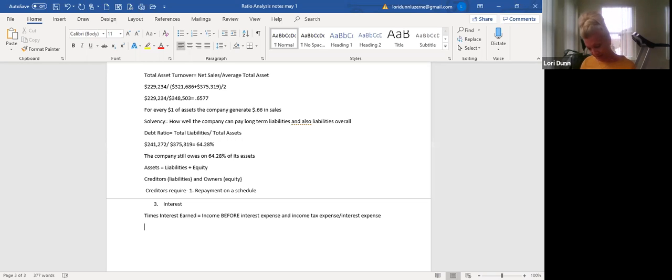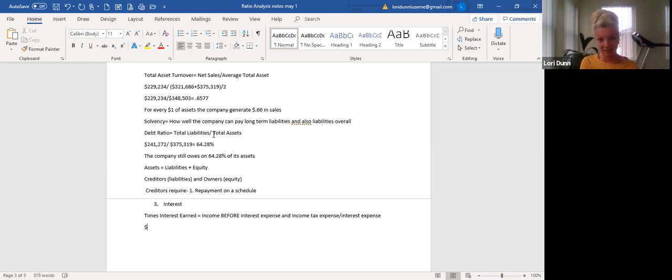And I don't see the breakdown of that anywhere. So we're just going to take it. You would need to know that. And in a homework problem, you would have that. It would tell you the amount of interest expense. Apple's, in this case, is going to be $2,323.